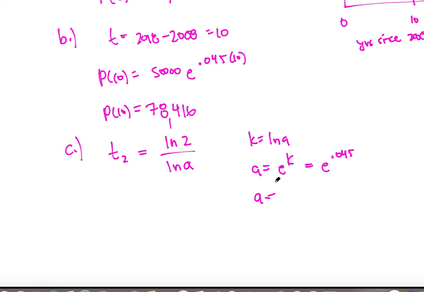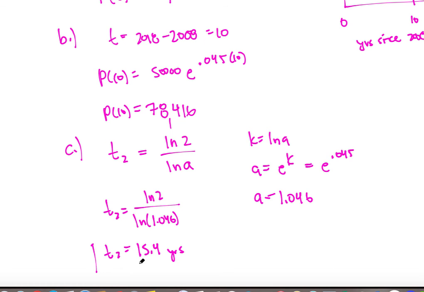So our a value is actually 1.046. So the time to double is going to be ln of 2 over the ln of 1.046. So the time to double will be, once we plug this into our calculator, 15.4 years. So it'll take almost 15 and a half years to double.